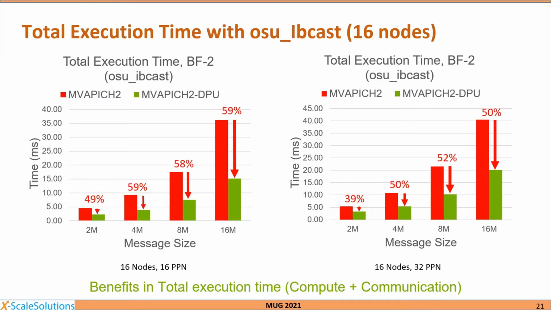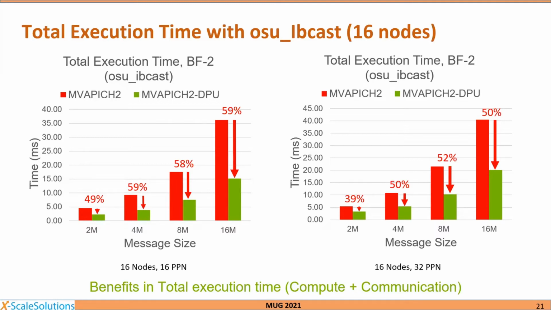And this one is for non-blocking broadcast. As we know, broadcast is the base for all collective communication. If we have a good base, then all other collectives are a variation or derivative of broadcast.